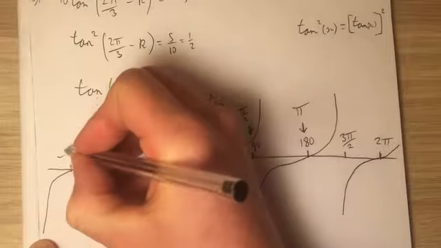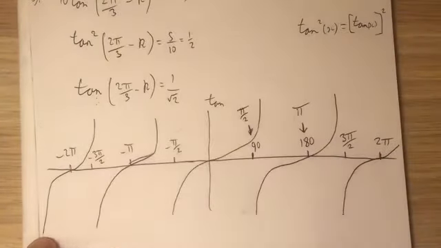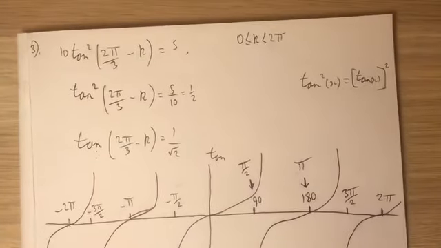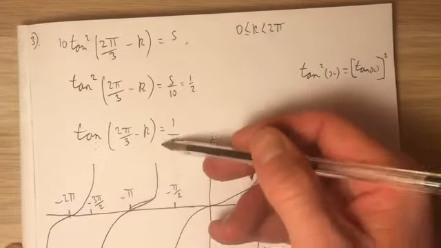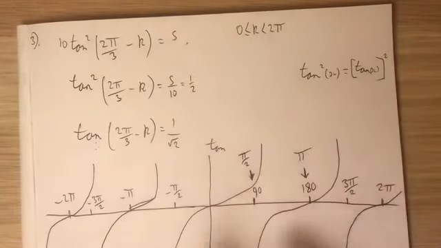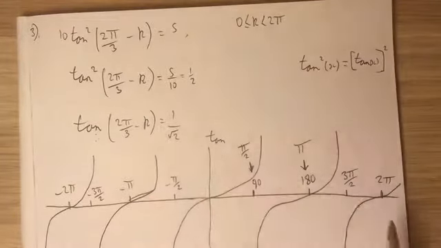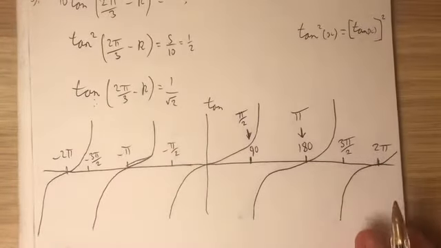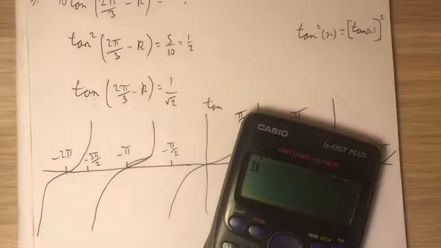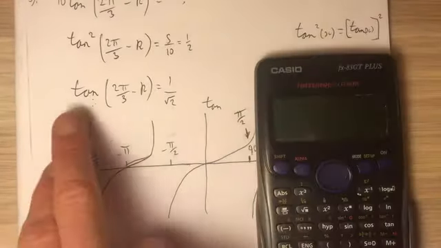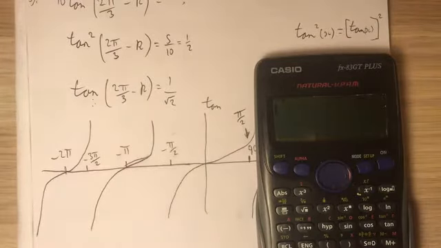And the reason I'm doing this is the SQA is super fussy. You might think, oh, I'll just switch that into degrees and work in degrees the whole time. The SQA is super fussy. If the question's in radians, they want you to work in radians. Right, let's find some answers. So, calculator, help me. I need to know inverse tan of 1 over root 2.